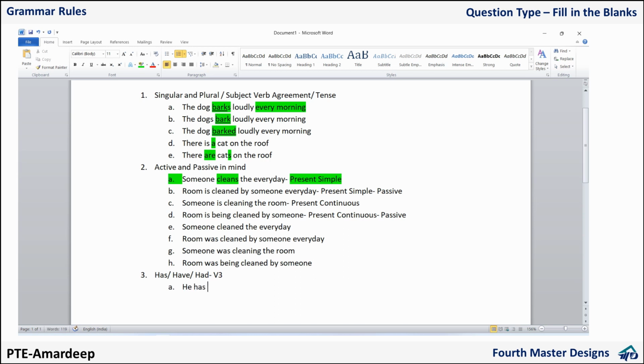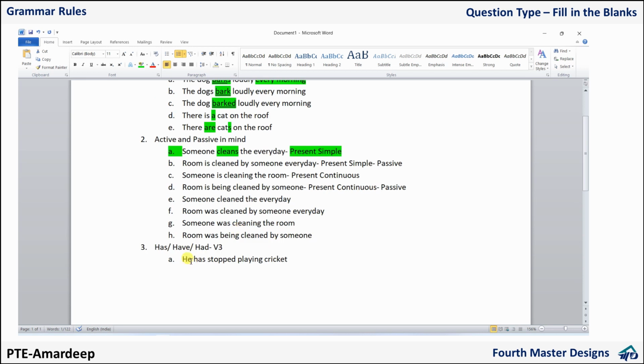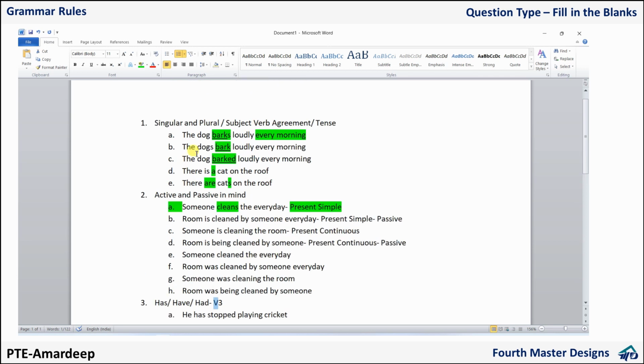He has stopped playing, let's say, cricket. Very basic tense rule in mind. But still students are making mistakes. That's why I have to discuss these. I'm not going to jump in detail. So with has, have, had, go with this one. Many students face problems, especially in this one.